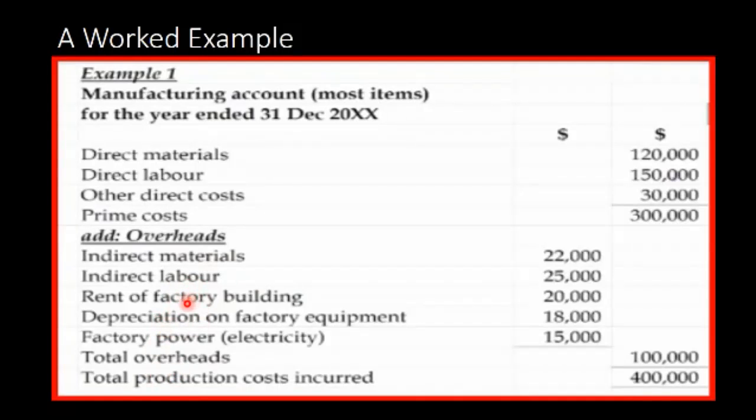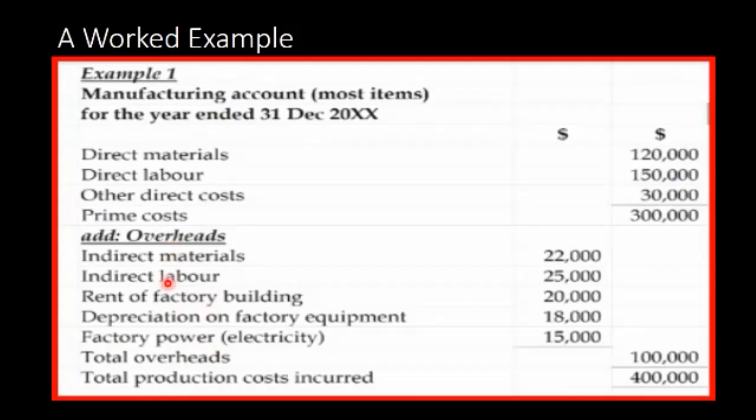Things like rent and so on, you cannot trace directly to the cake. Okay, so you can put it under overheads or indirect expenses. Depreciation, factory power, those types of items would make up your overhead. But the main qualification here is that it must be for the factory, not the administration building, but for the factory.